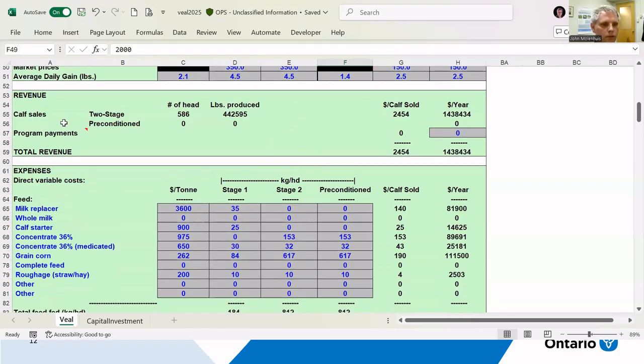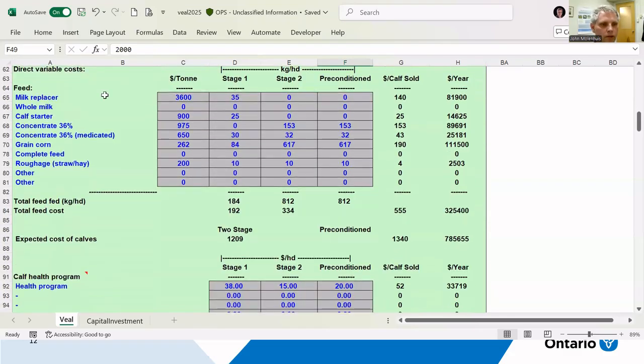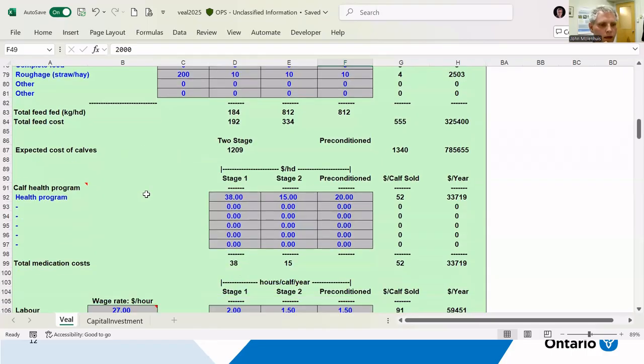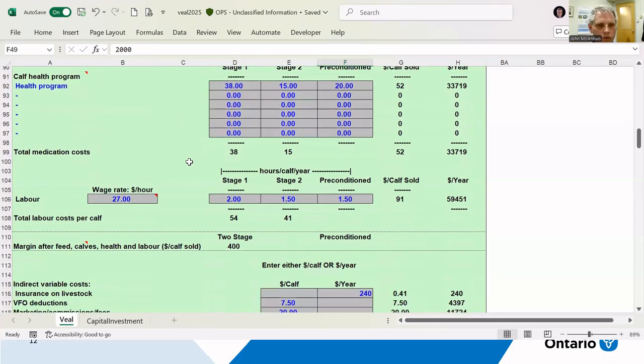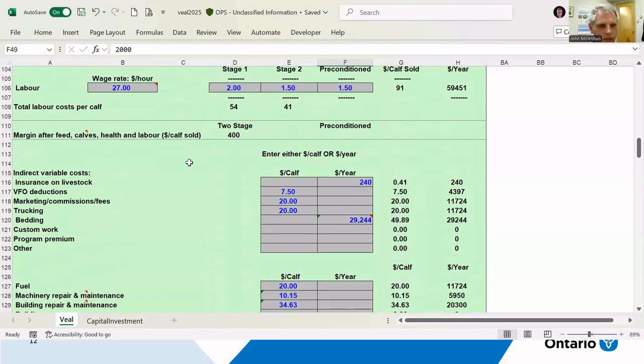And so, as far as the budget goes, it'll map out the revenues, and then feed being a significant one. We've got a space here to calculate all of the amounts fed and the prices paid to get to a feed cost, and mapping out the calf, and working through all of the cost of production values, and these have all been updated with the 2025 data.